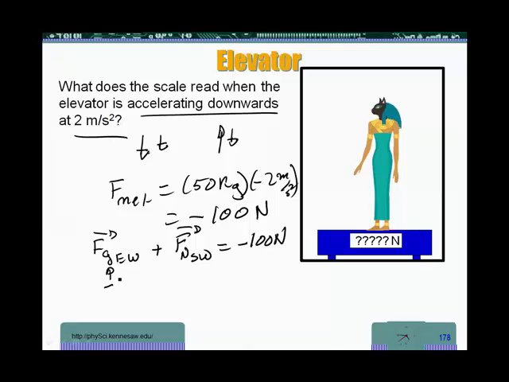Remember, this is minus 500 newtons. When I move it to the other side, that gives me the normal force that the scale is going to exert on the woman. In this case, it's just 400 newtons.